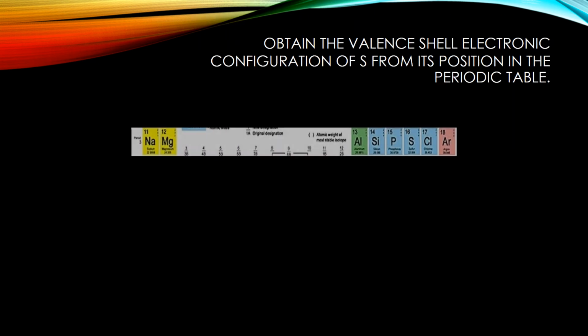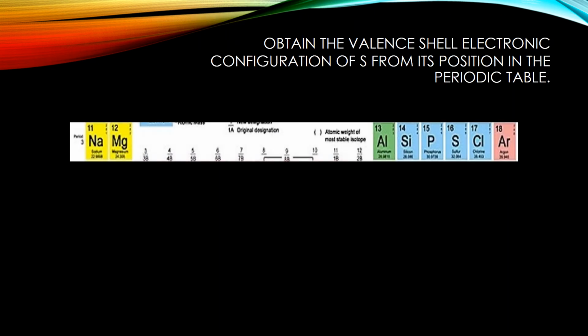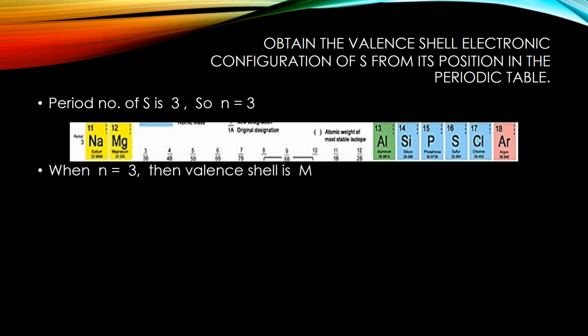Now we want to obtain the valence shell electronic configuration of sulfur from its position in the periodic table. You can see that sulfur is present in the third period. As it is present in the third period, the n value for sulfur will be 3. And if the n value is 3, then the valence shell is the M shell. And the M shell contains 3s, 3p, 3d orbitals.